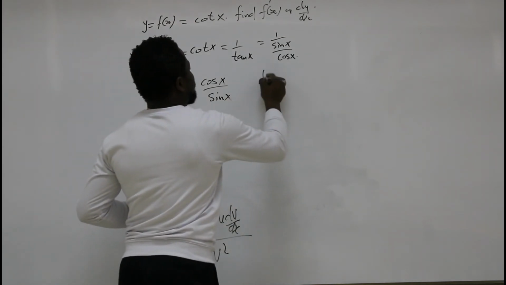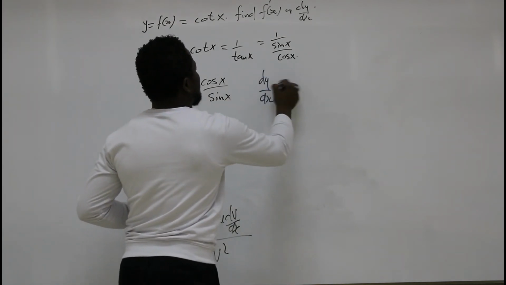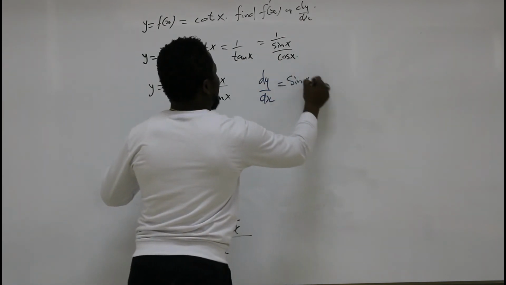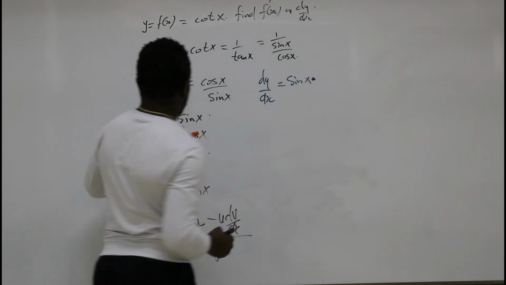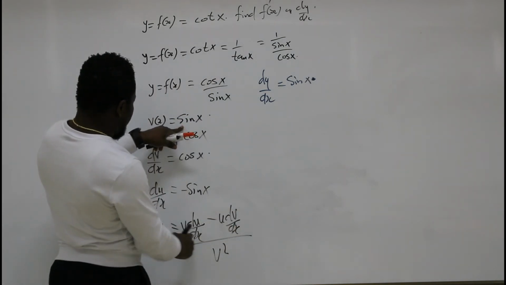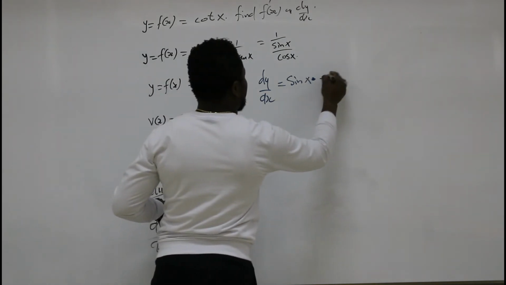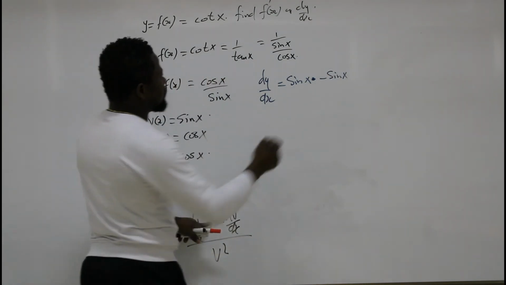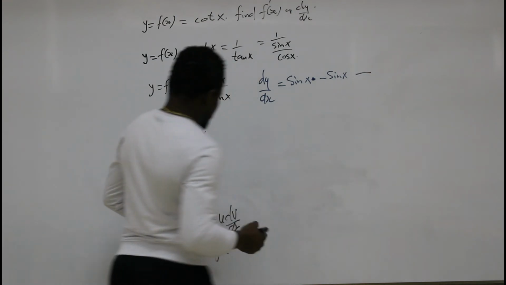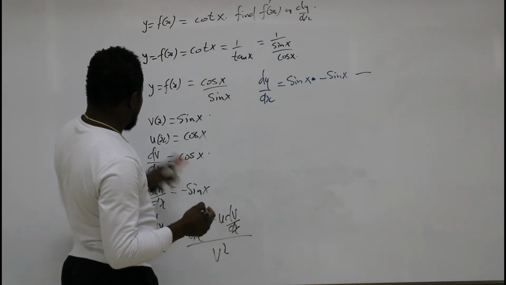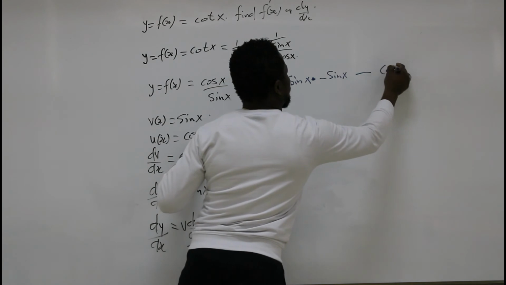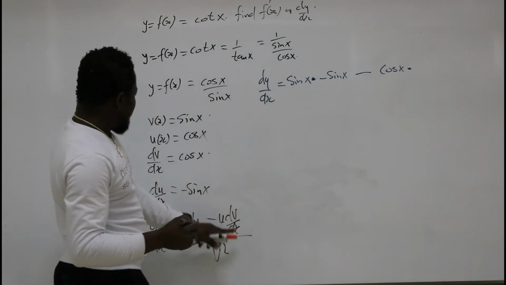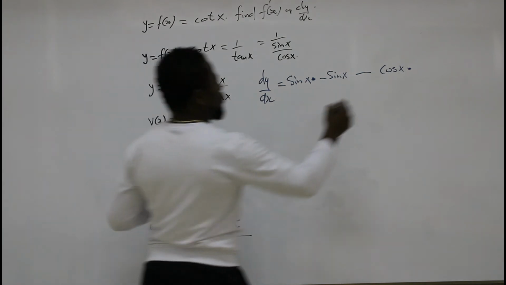So let's do the substitution. dy/dx is going to be equal to v, which is sine x, multiplied by du/dx, which is negative sine x, and then we have a negative sign, and we have u, which is cos x, multiplied by dv/dx, which is cos x again.